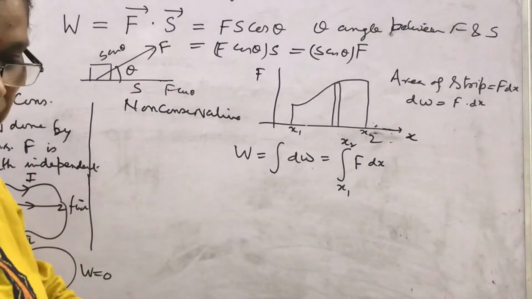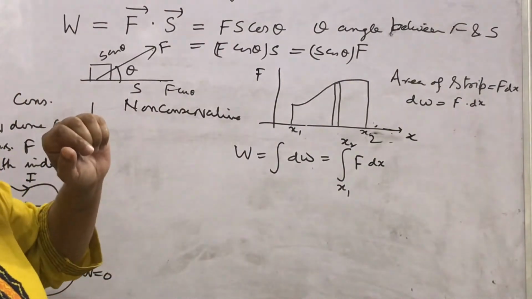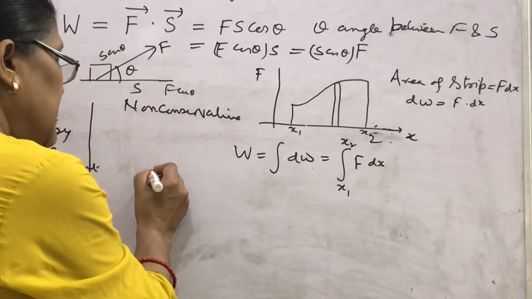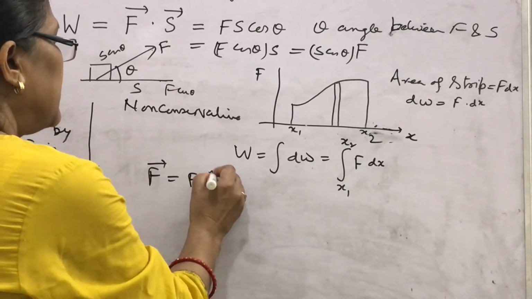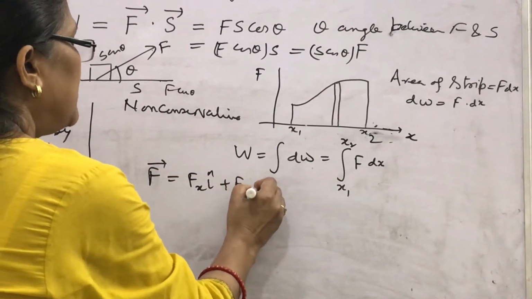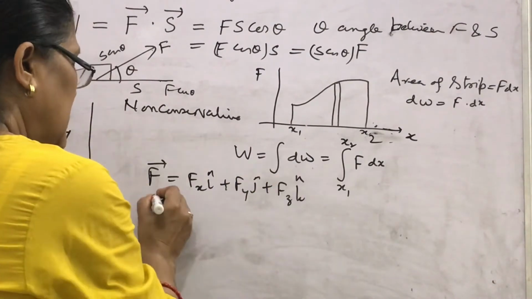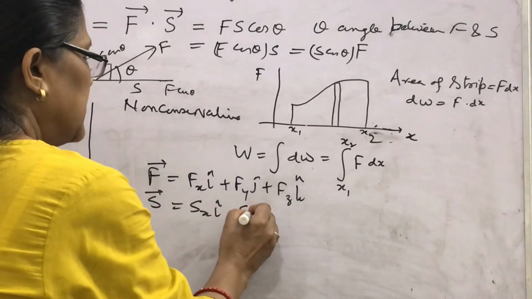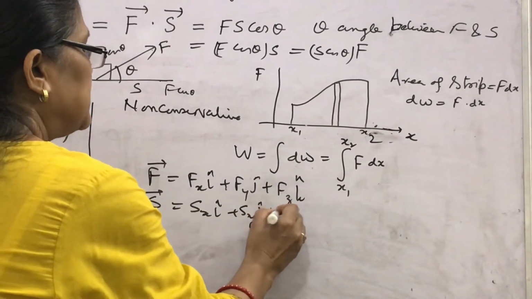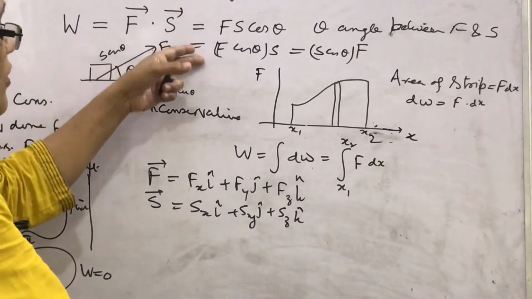So far we have seen the work done by a variable force. If the force is given in rectangular component form, that is, F is given as fx i plus fy j plus fz k, and displacement is given as sx i plus sy j plus sz k, what will be the work done as per the dot product?